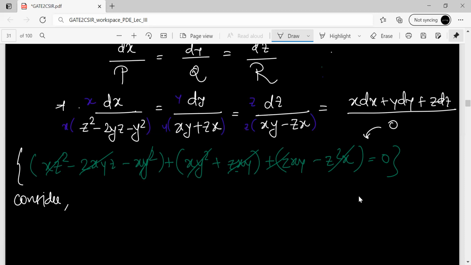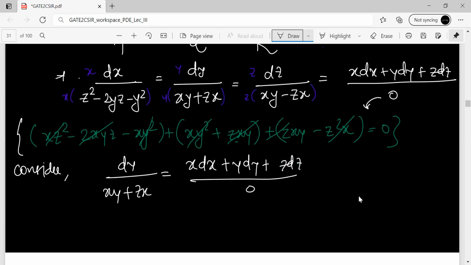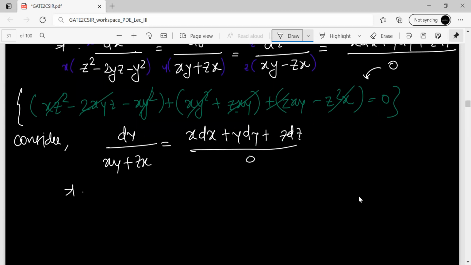Well, I don't want to write down this big equation, so I'll consider the smallest one, dy over xy plus zx, because ultimately this is going to be 0. So x dx plus y dy plus z dz upon 0. So from here, this is forcefully implying x dx plus y dy plus z dz equals 0.